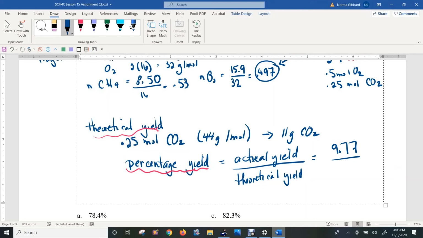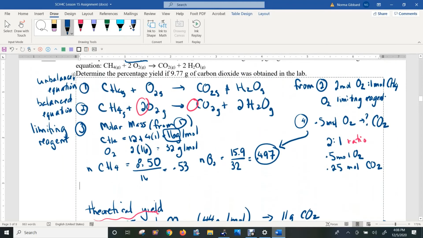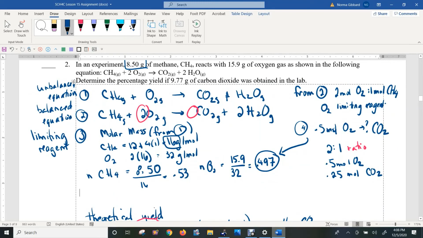And the theoretical yield is 11 grams, so our percentage yield is 89%. Okay, so that was a little bit different than what we've seen before, and the problem to watch for here is the unbalanced equation versus the balanced equation.